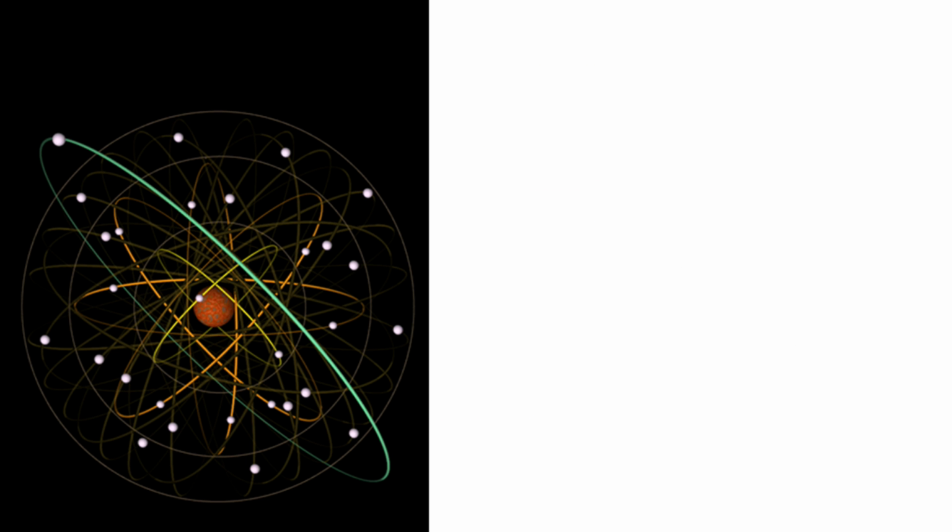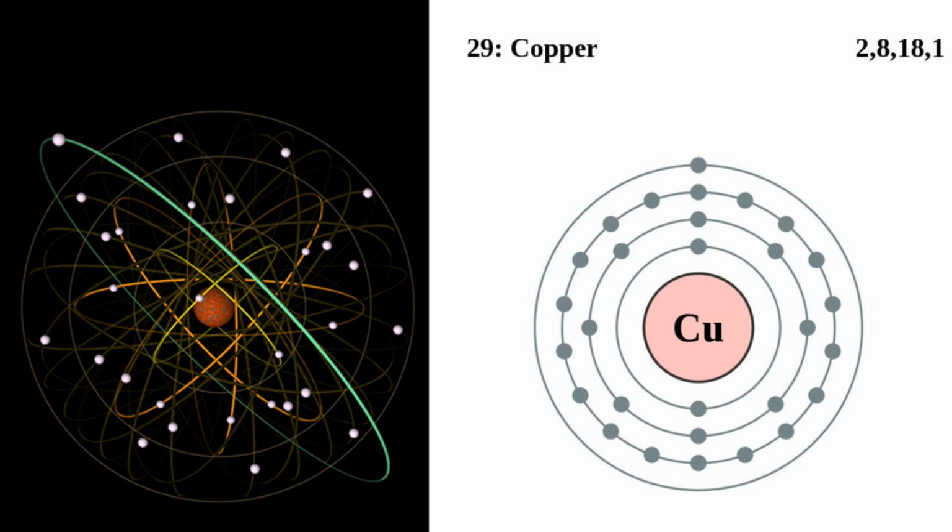So here's a stylized image of an atom, and you can see the nucleus right there in the center. You can see these spinning orbits, and the little white balls are electrons. This is a diagram of an atom of copper. If you take the three-dimensional atom and smash it onto the screen, you get something that looks like that, nice and organized.